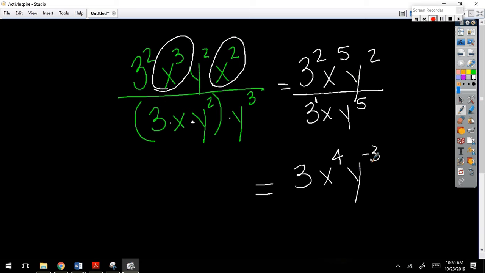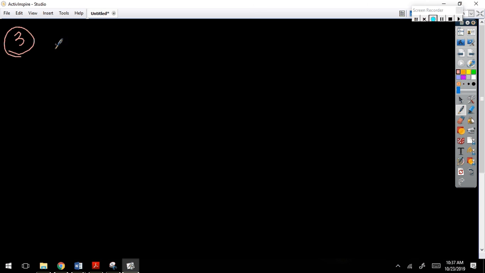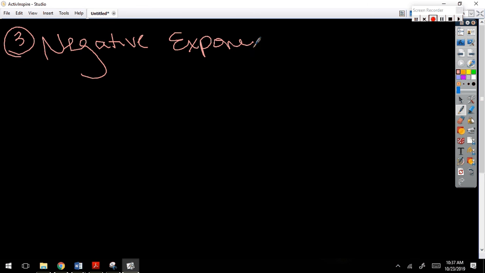So this leads us up very nicely to the next property, which is, well, I'm glad that's also the next property in your book. Look at that. The negative exponent property. Y'all have kind of already figured this out.